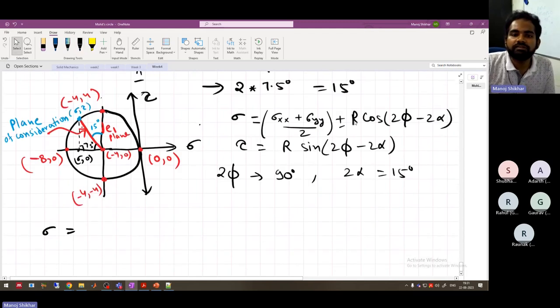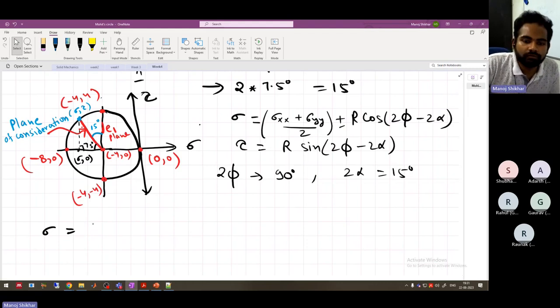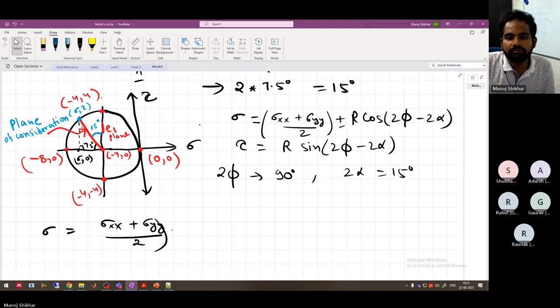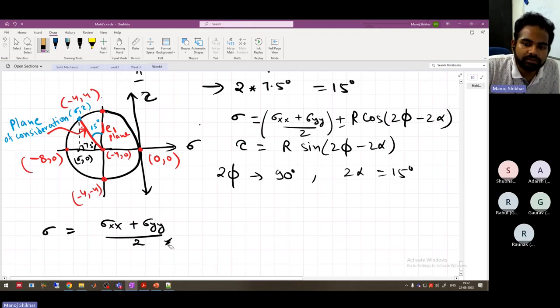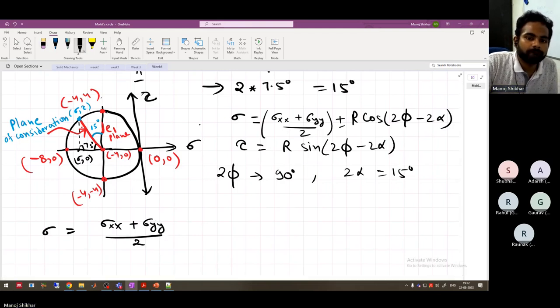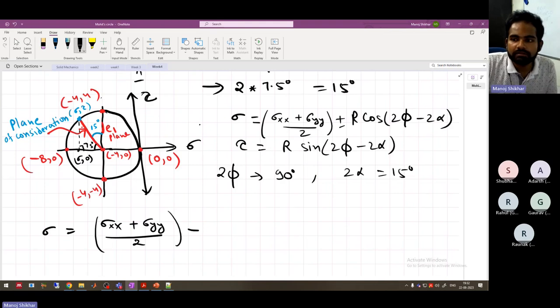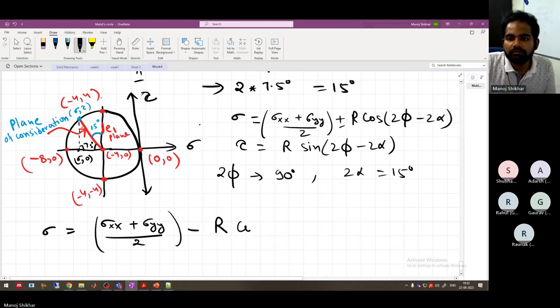What should I consider, plus or minus? You can see we are moving on the left side, so it should be the minus sign. So the formula we will use is sigma xx plus sigma yy by 2 minus R cos of 90 minus 15.